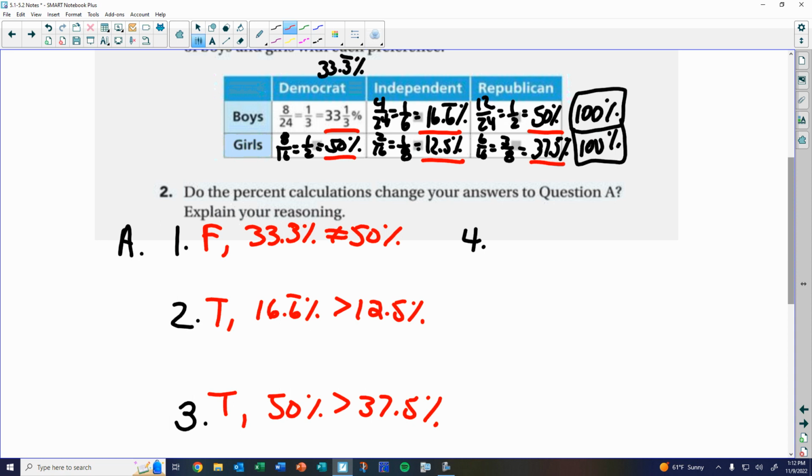Yeah, it's false. Why? Half of 50% is 25%, and 37% is more than that, right? So that doesn't work. And that's two-way tables and frequency tables. Not too bad, huh?